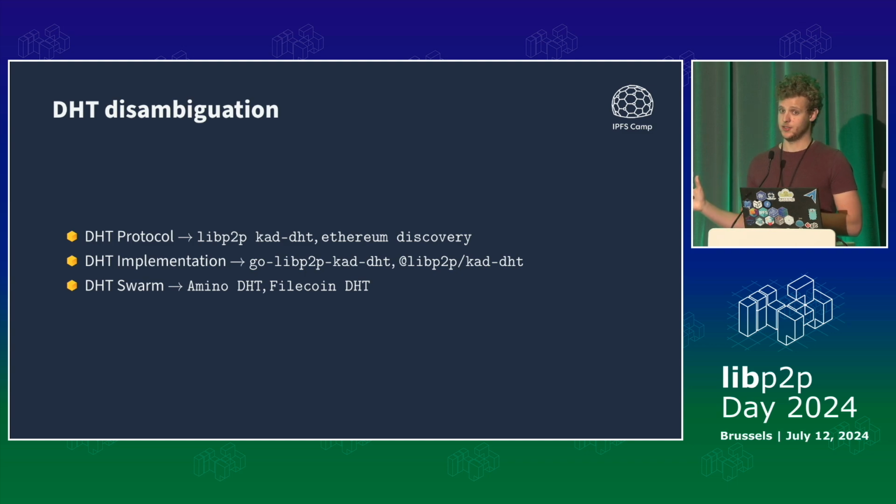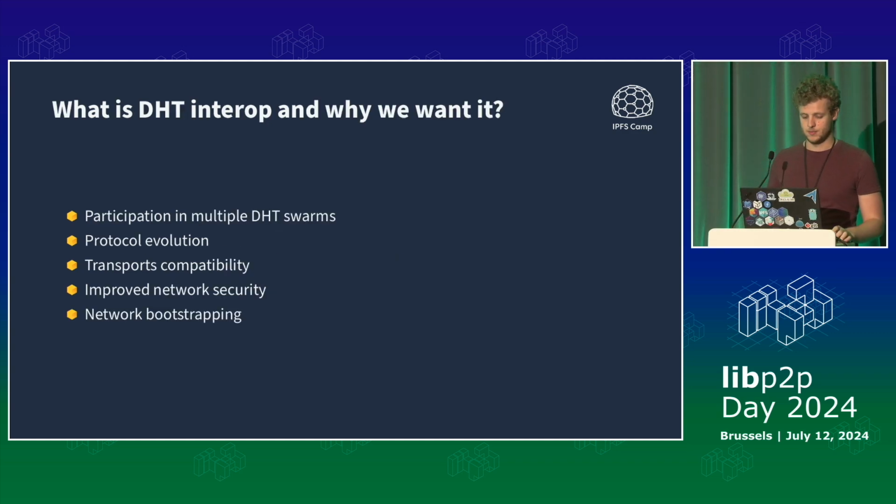They use the same implementations, maybe the Go and the Rust implementations, but they are separate networks. And yes, it's important to remember: multiple implementations can interact within the same swarm, but they can be distinct swarms.